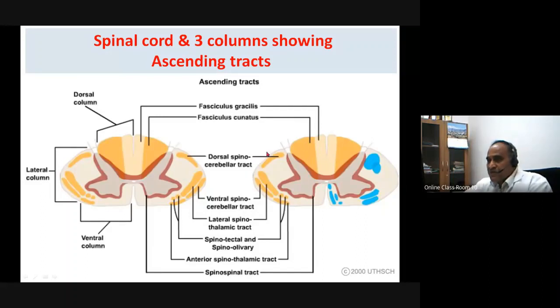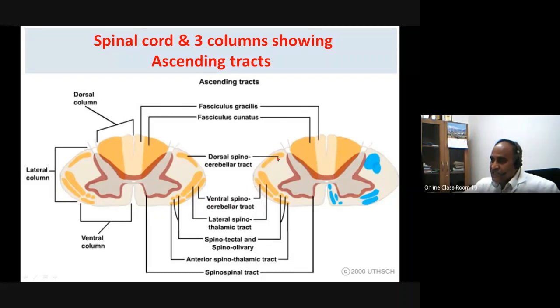Then we have the spinocerebellar tract. This tract goes to the cerebellum. This is on the dorsal side, that is the posterior side. This is the posterior spinocerebellar tract. If there is a posterior spinocerebellar tract, there is a ventral or anterior spinocerebellar tract.